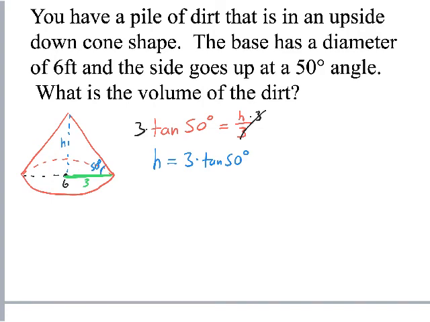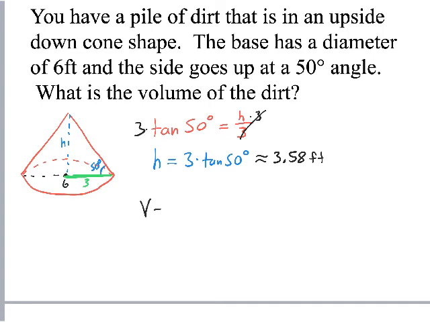Now, I'm going to get the approximate for that using a calculator. What I get is 3.58 when you round, and that would be in feet. So that's the height, a 3.58 feet tall pile of dirt. Now, I want to find the volume.